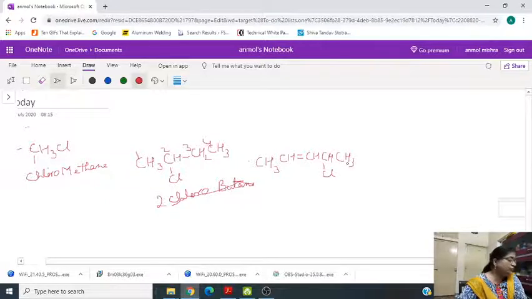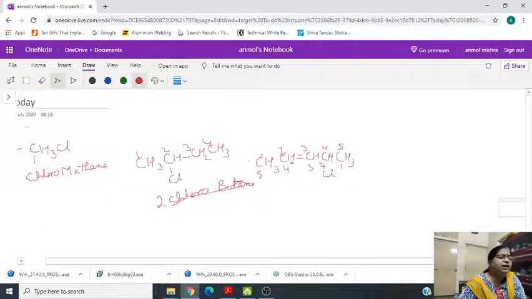Now here we should take care of the preference order rule. If we number from this side, it will be 1, 2, 3, 4, 5, and if from the other side, then it is also 1, 2, 3, 4, 5.